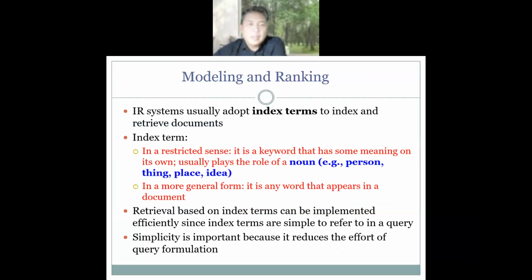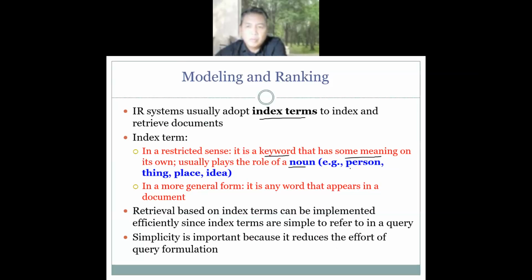In an IR system, usually we use the index term or keyword to index and retrieve documents. For example, if we are looking for a certain concept, of course we are looking for the keyword or index term. The index term is a keyword that has some meaning on its own and usually plays the role of a noun.